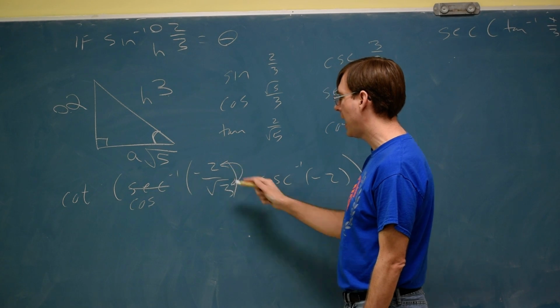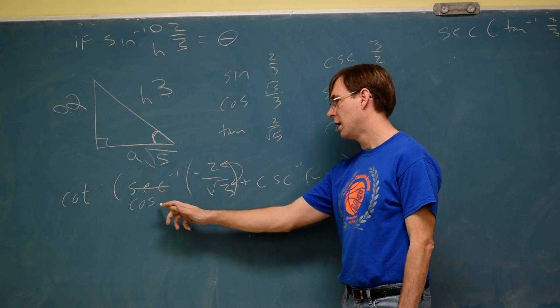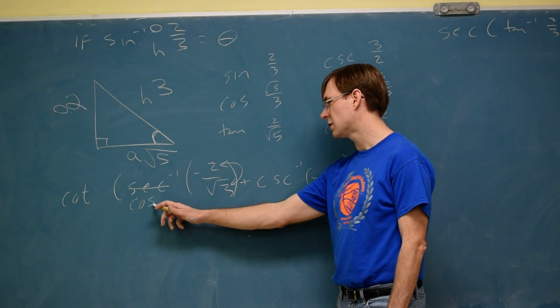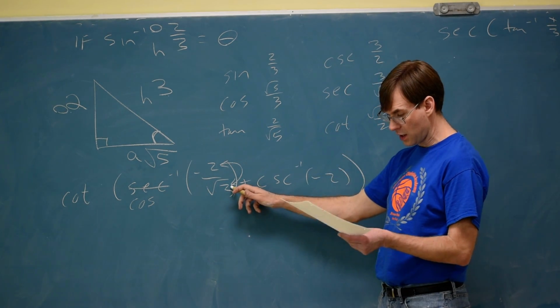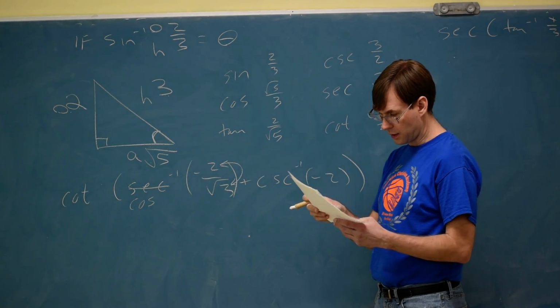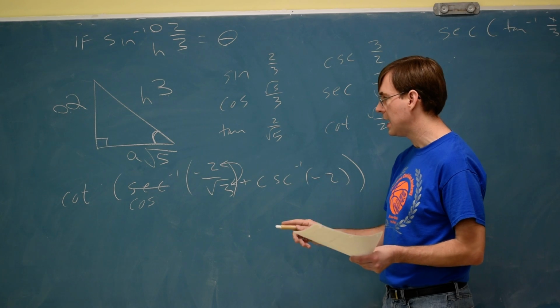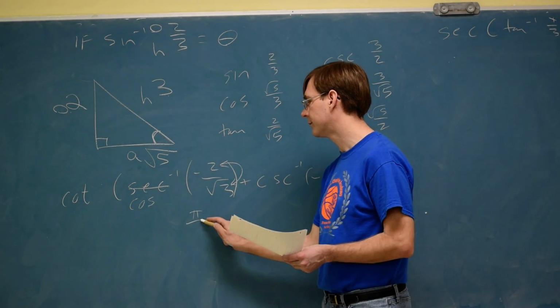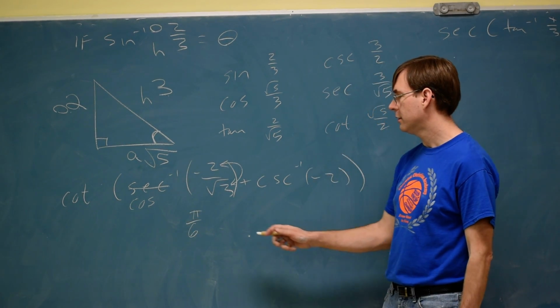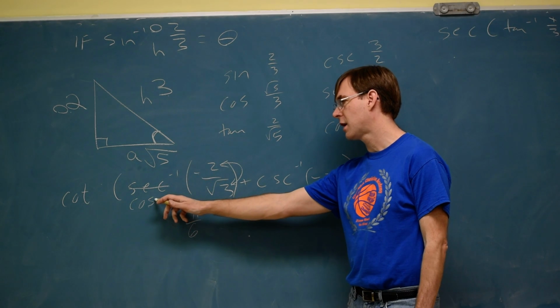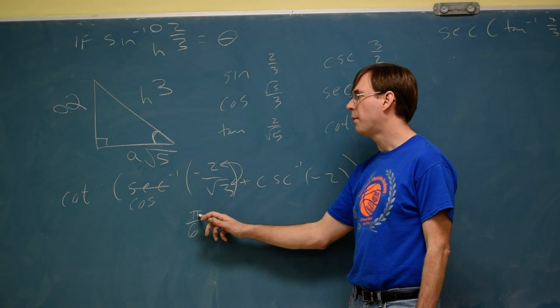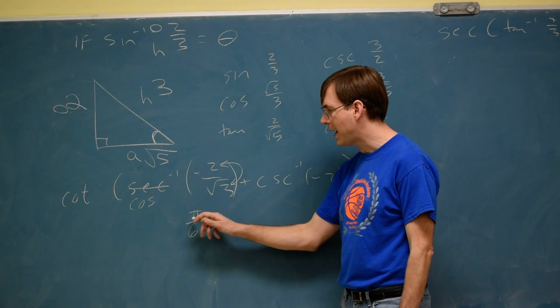I'd have to flip that upside down. And if I check the chart for cosine and root 3 over 2, that would locate me a pi over 6. However, I sneak the negative in on a cosine problem, so the payment would be to go pi minus this.